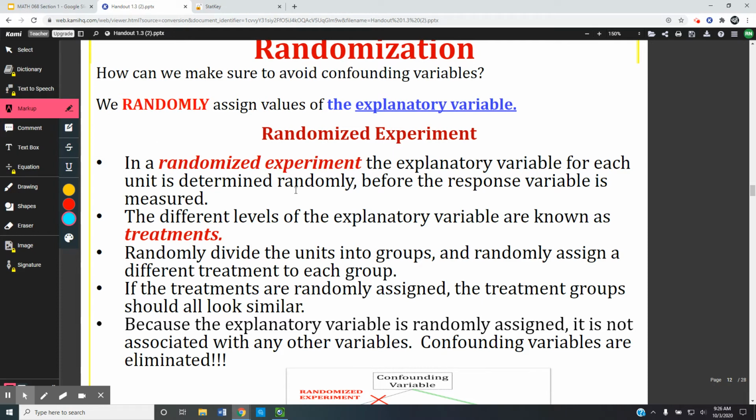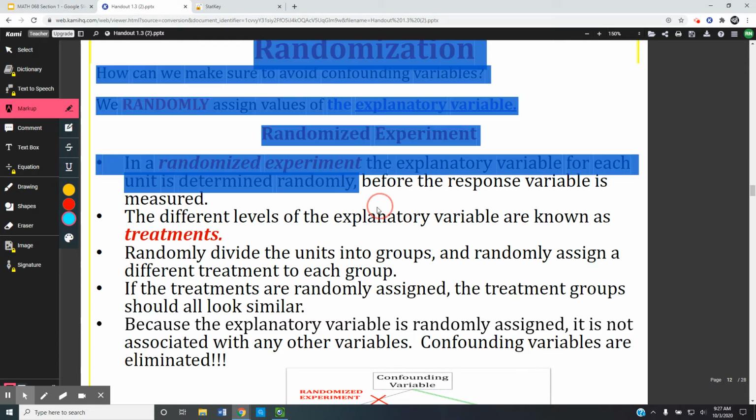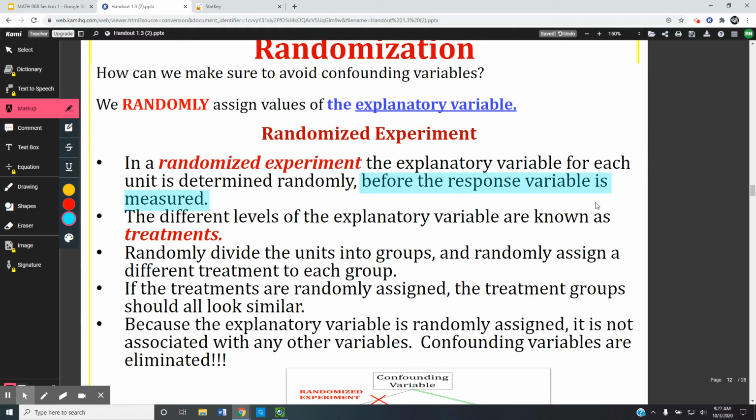And I'm going to have you underline that: before the response variable is measured. Okay? So something's going to happen randomly. That's the experimental part of the explanatory. And then before the measurement takes place, this randomized experiment part has happened. So I randomly chose who got this explanatory part.